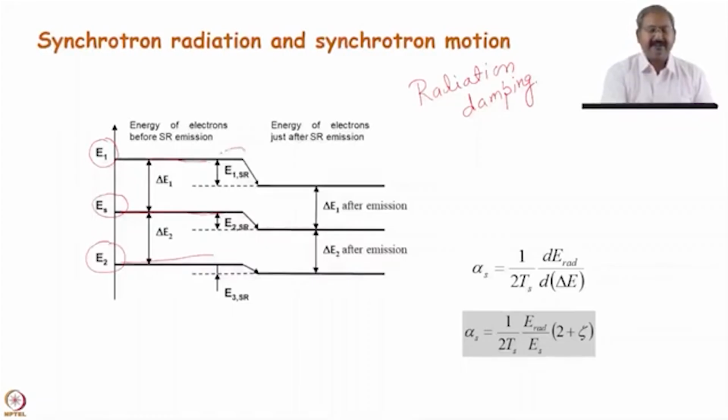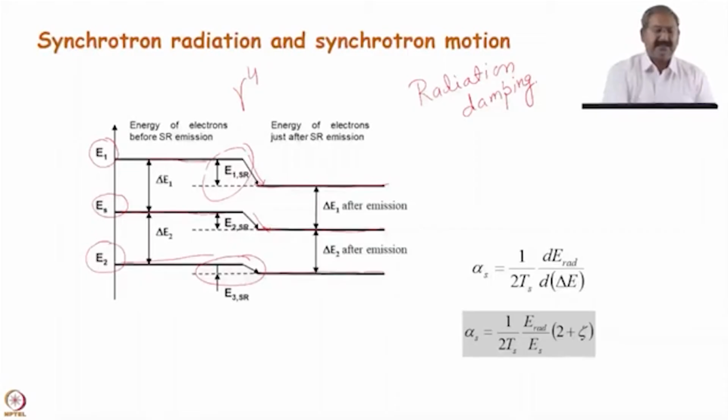Now the higher energetic particle, because of the gamma raised to power 4 dependency, will emit more and the lowest will emit least. So after emission this becomes the energy level of this particle. The synchronous particle also emits some radiation, and this is the final energy level of that particle, and this is the energy level of the particle having least momentum.